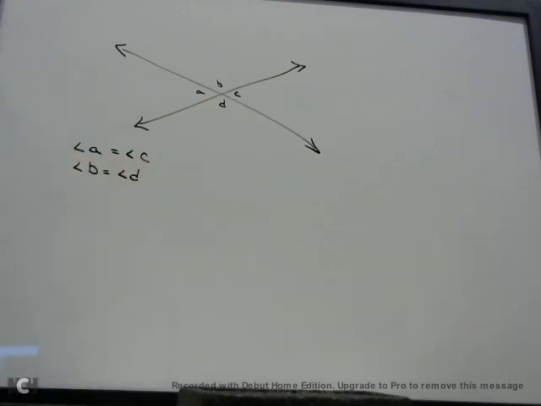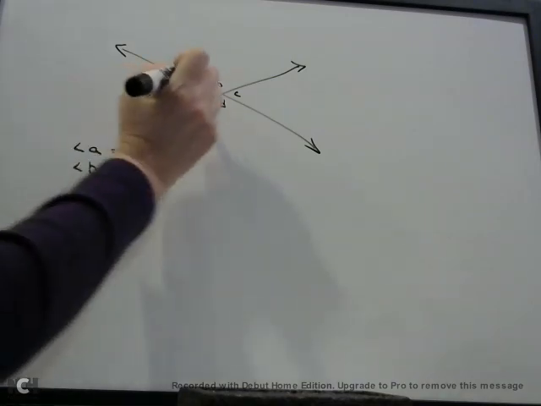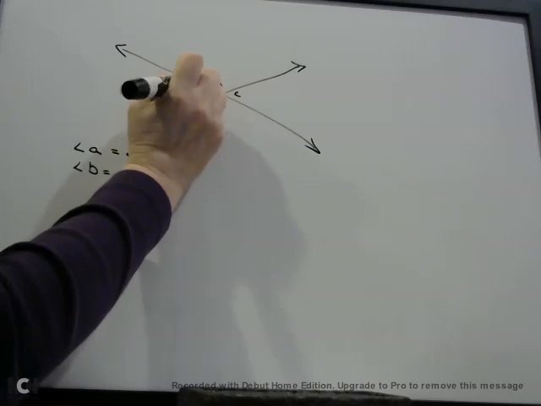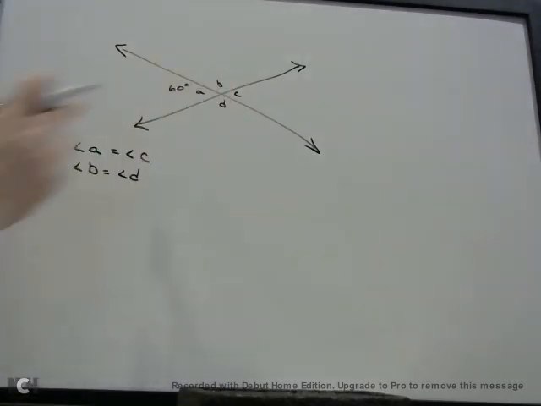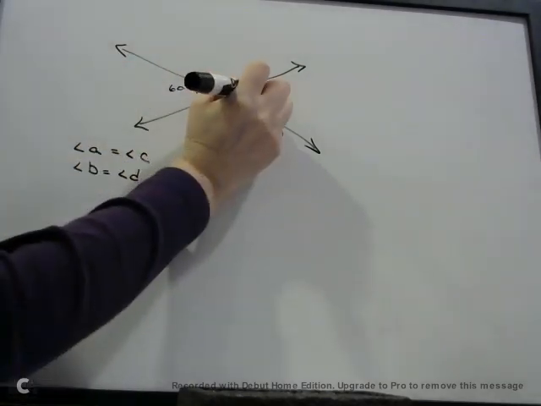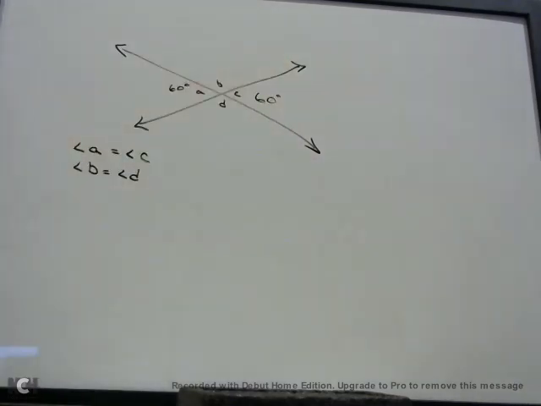So this is an important concept to know. For example, if they said angle A is 60 degrees, then we immediately know that angle C is also 60 degrees.